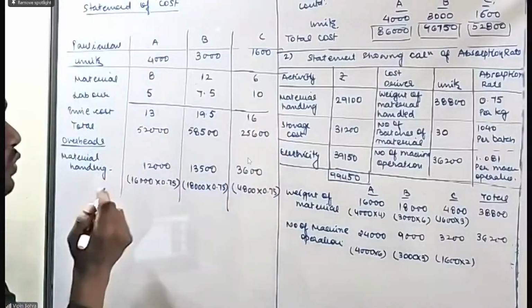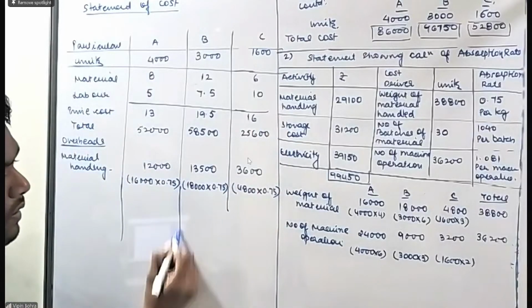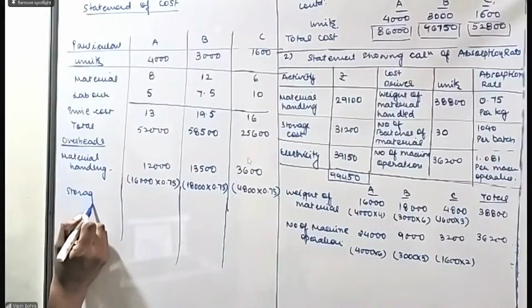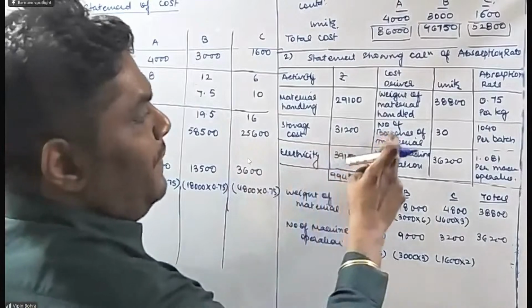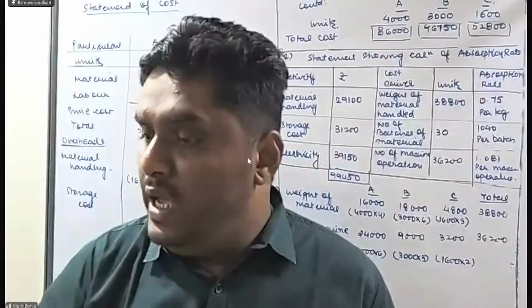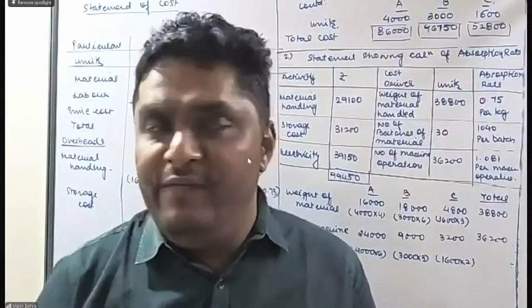Further, the storage cost. It is dependent upon the number of batches of material, which is 10, 5 and 15.